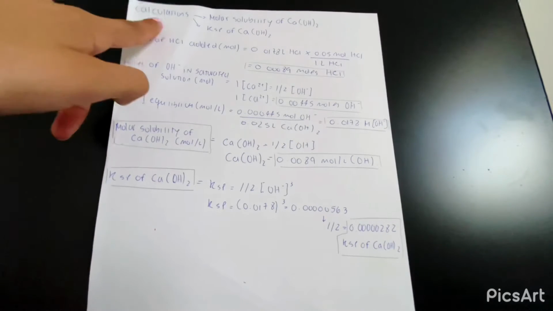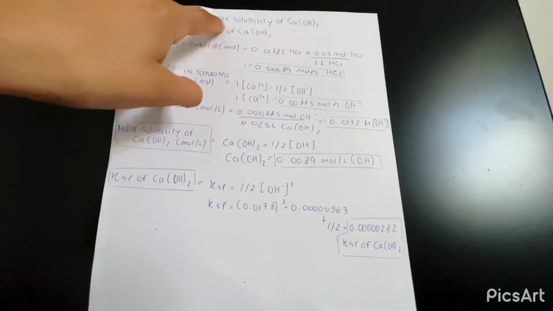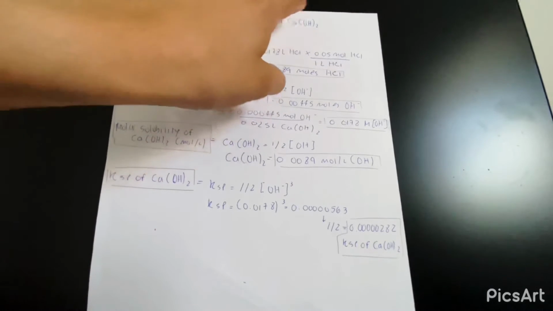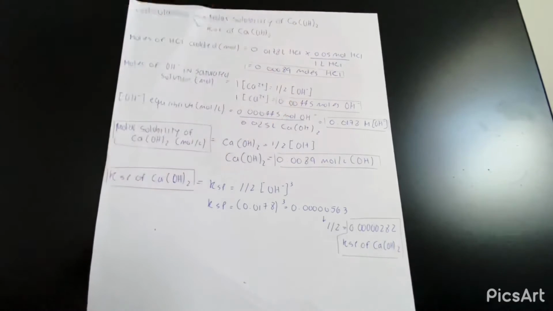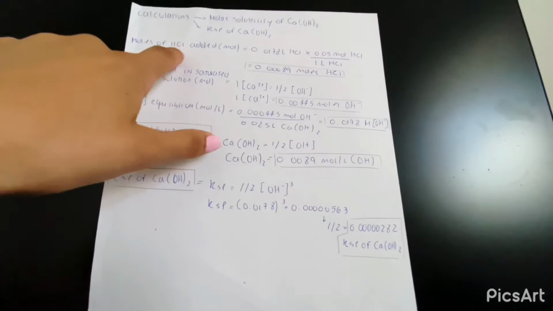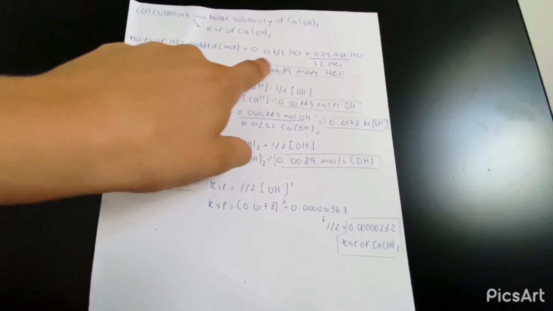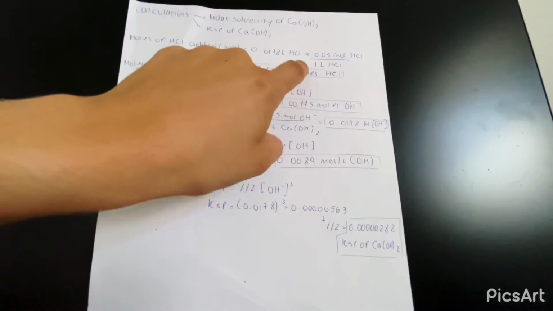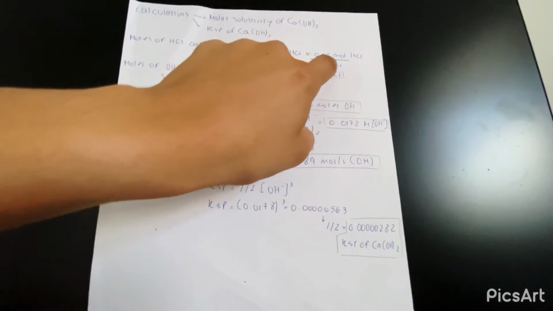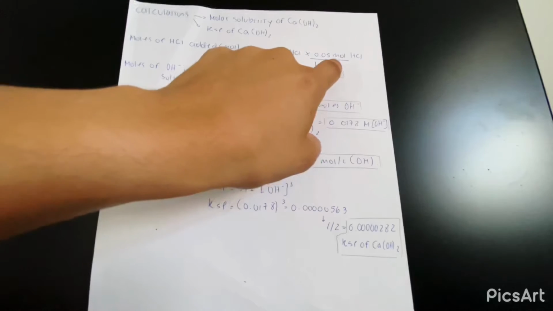Then for our calculations, in order to calculate the molar solubility of our calcium hydroxide and the Ksp of the same calcium hydroxide, we are going to start with our moles of HCl. So we have this amount of liters already calculated, and we have the 0.05 that we started with earlier.